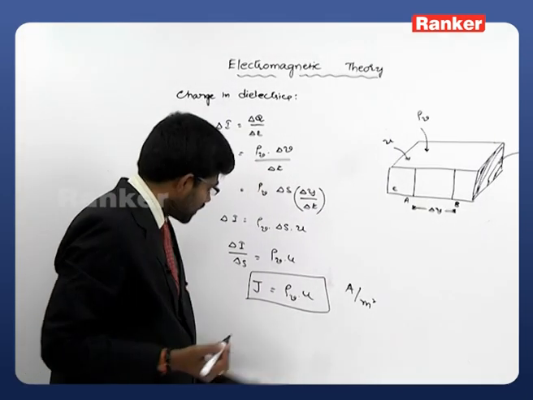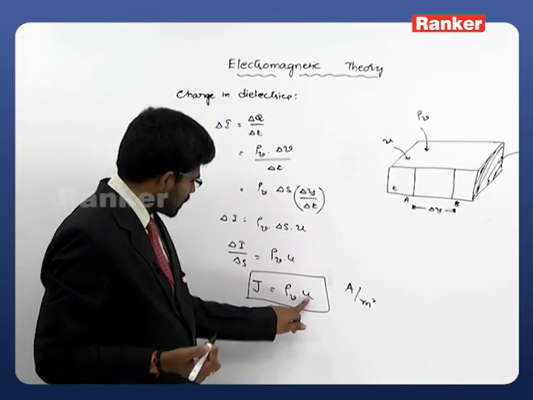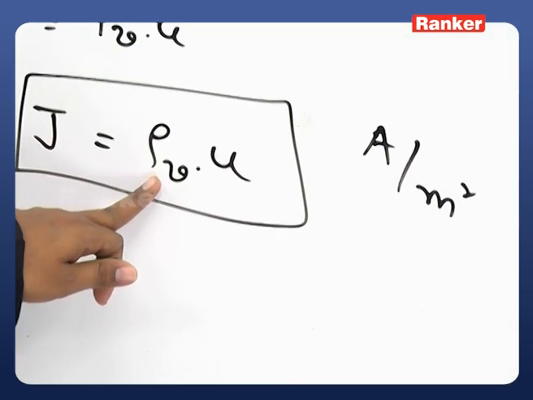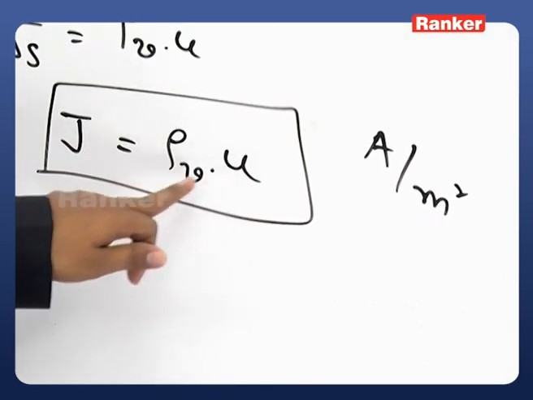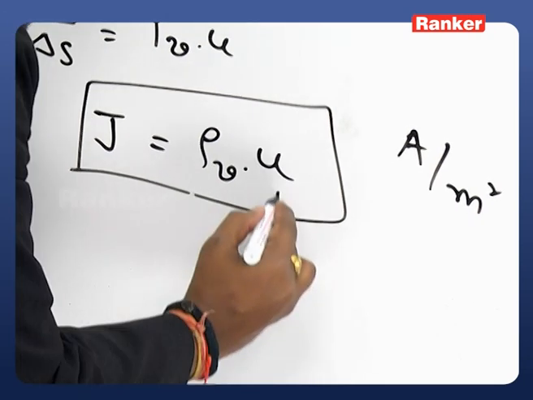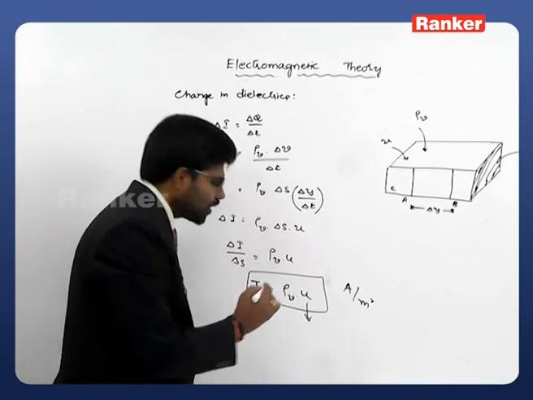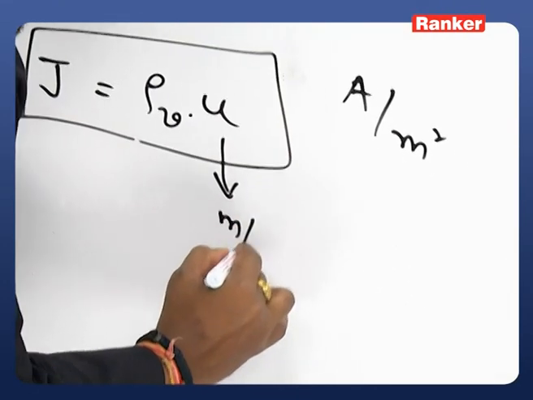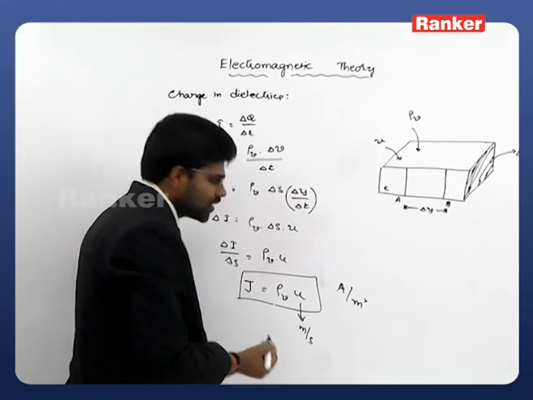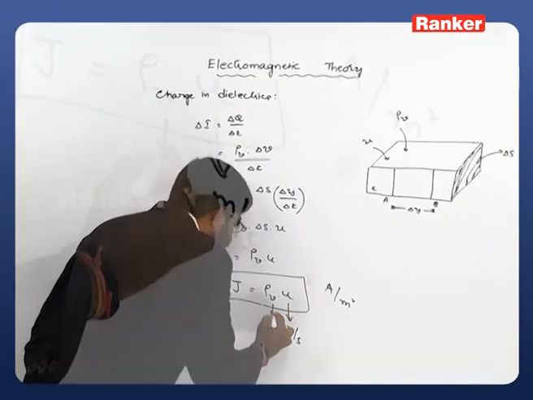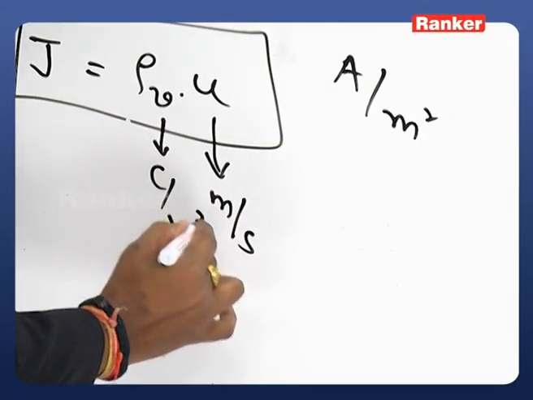If we want, we can check the right hand side term also. This is the velocity and this is our volume charge density. Let us check whether it satisfies our units. For velocity, the units are meter per second. For volume charge density, coulomb per meter cube.